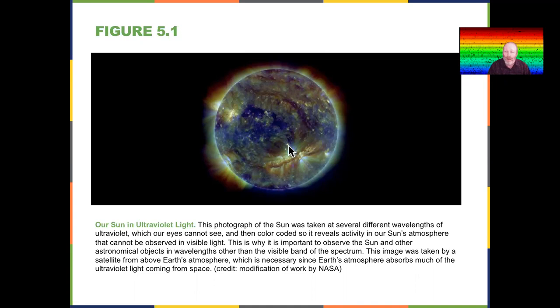When we look at the sun, don't look directly at the sun, but when we look at the sun, we can see a lot of different things coming off of it depending upon how we're looking at it. And this picture here shows you what the sun would look like if we could see it in infrared or ultraviolet. This particular one is in fact ultraviolet.